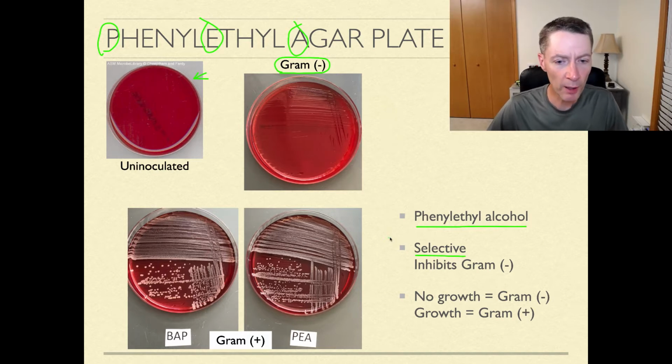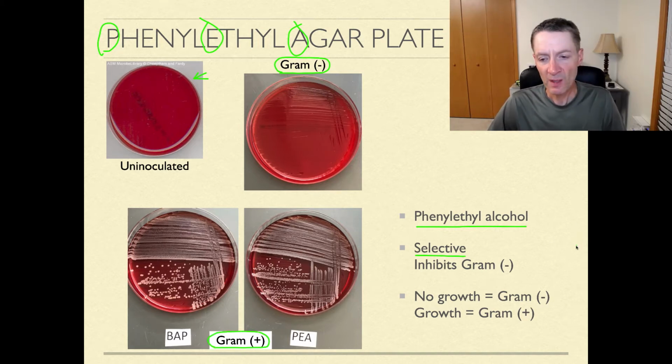Now, if we look below, we actually see a blood agar plate on the left and a PEA plate on the right. They look very similar, and they were inoculated with the same organism, which was a gram-positive cocci type of organism. Now, this PEA is selective for those gram-positive organisms, not against, right?